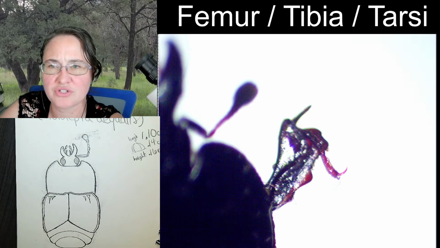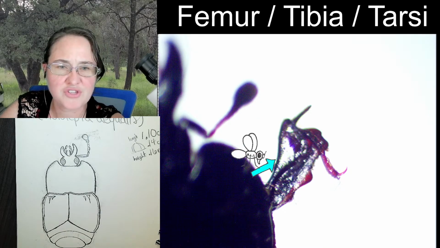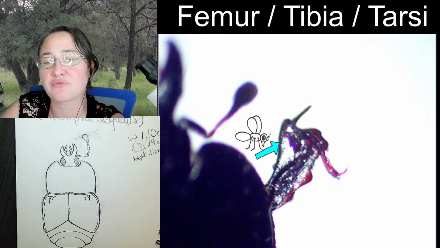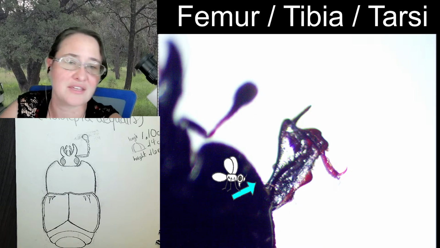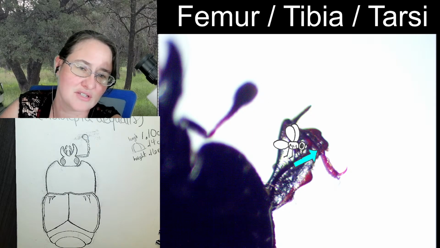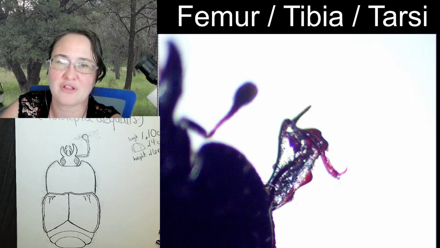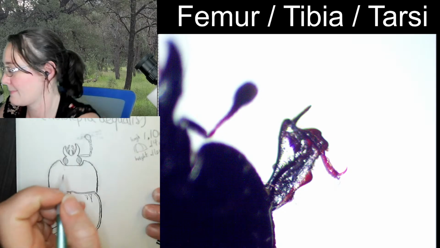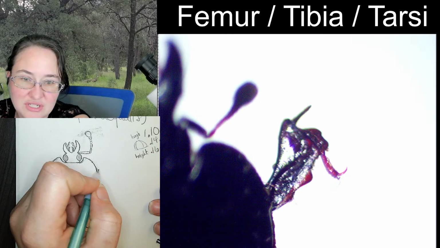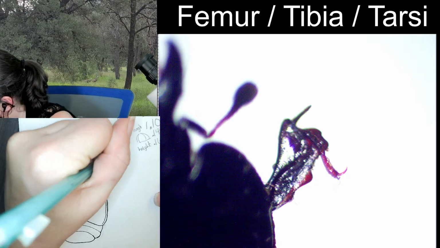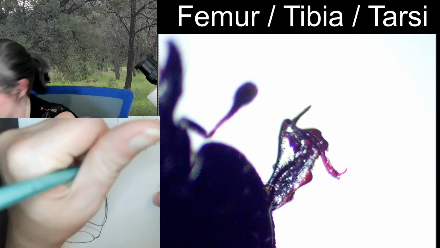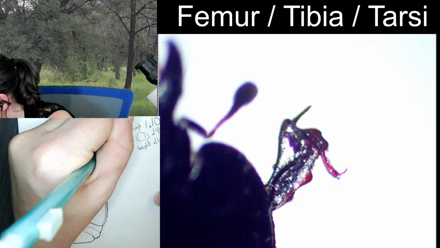Just to note, this white region here is a reflection on the tibia. So the tibia is this whole shape here. It just has a little bit of a glare from the light. So the tibia starts kind of narrow and then widens out.